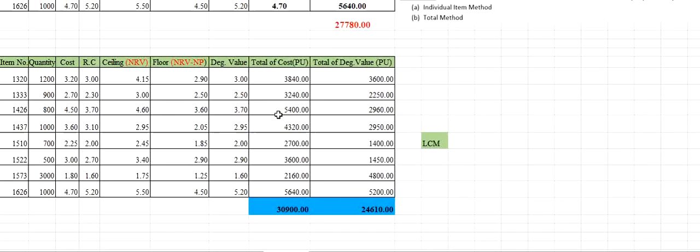So first I will find the total of cost and then the total of designated value, and then I will compare them, and the rule remains the same: whichever is lower, smaller. So we have 30,900 and 24,610. The smaller value that we have is $24,610. So this is the amount of LCM that will be shifted to the balance sheet current assets.